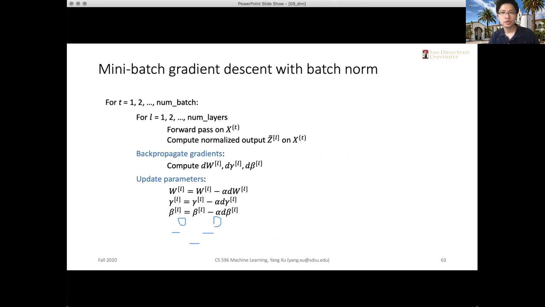Okay, so for mini batch gradient descent, if we apply batch norm, then we are basically updating this set of parameters. We need to first compute the gradients for dW, d gamma, and d beta, and then we need to update those parameters.